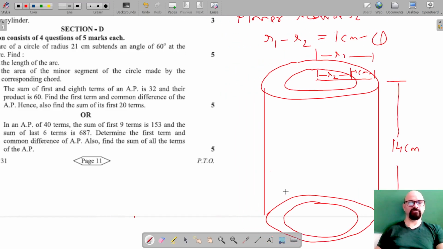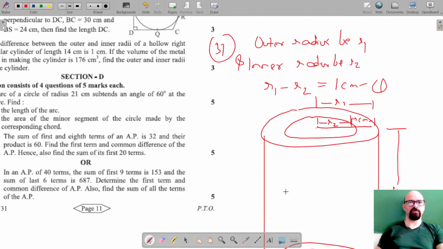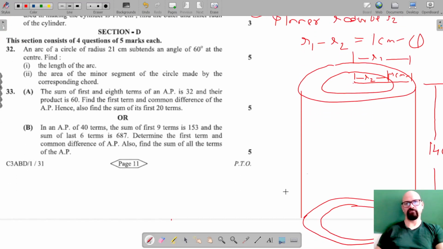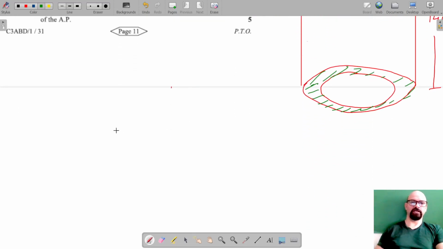It's given that the volume of the metal used in making the cylinder is here. And how do we find the volume of the metal used in making the cylinder? We will subtract the volumes of the two cylinders with the outer and the inner radii.